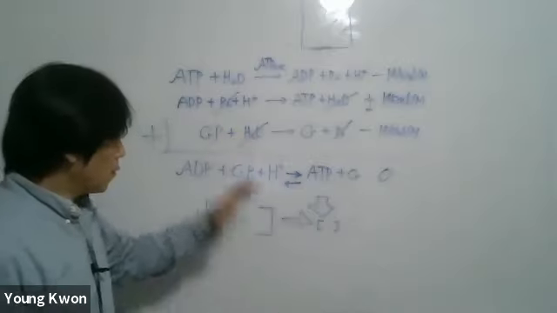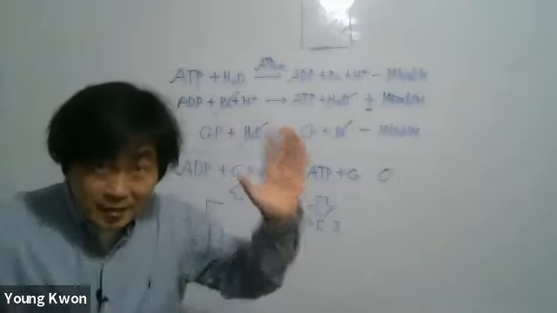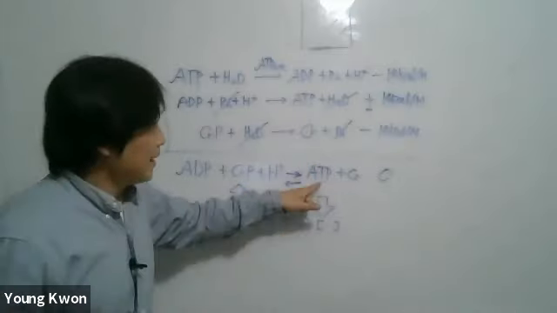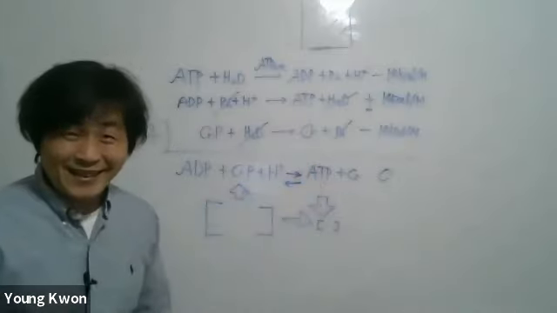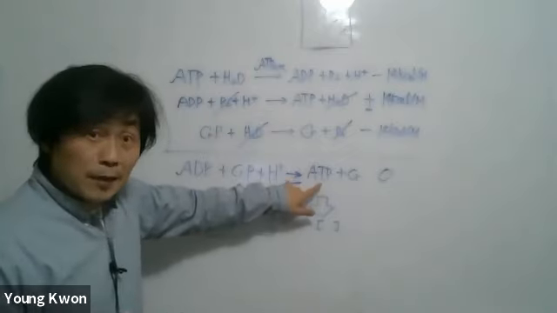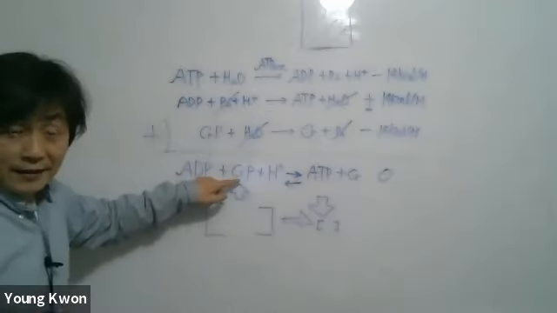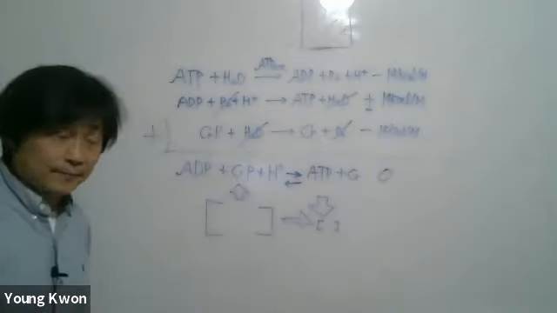So the direction is from left to right, and we resynthesize more ATP. Yes, this ATP actually comes from breaking down creatine phosphate.